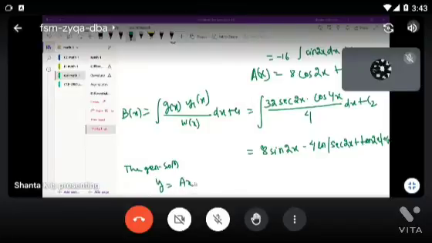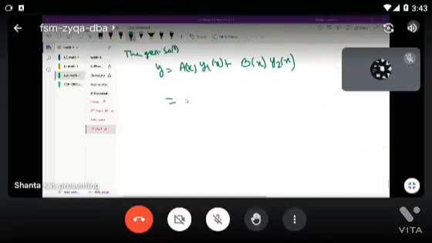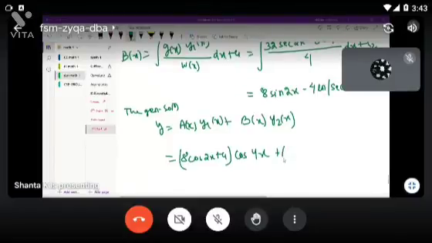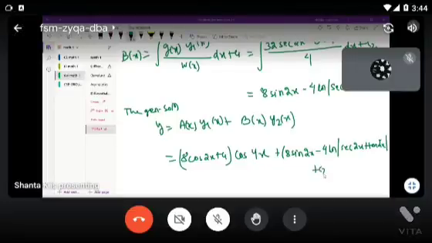So now you can substitute into the general solution. y equals A(x) y1(x) plus B(x) y2(x). So it is (8 cos 2x plus c1), and y1(x) is cos 4x. Then the longer one, B(x) sin 4x, plus c2 sin 4x.